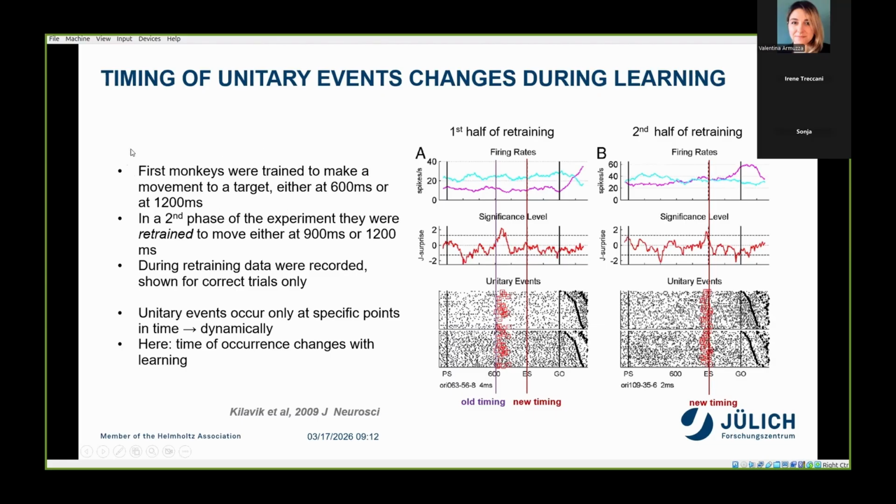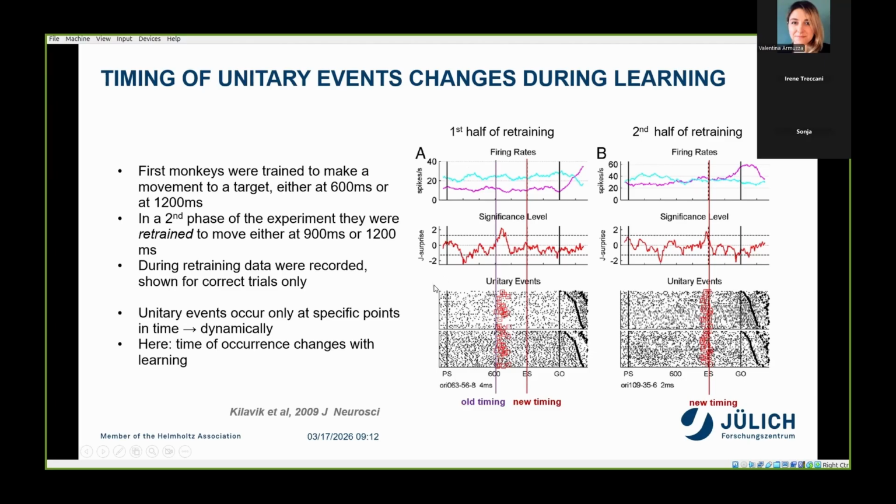This is from an experiment with a monkey where he was first trained to make a movement to a particular target after he had waited 600 or 1200 milliseconds. This was the first part of the experiment. You see here on the left side one of these parts of what he learned. On top, from the two neurons, you see the firing rates as a function of time.